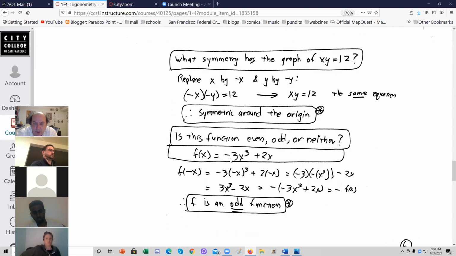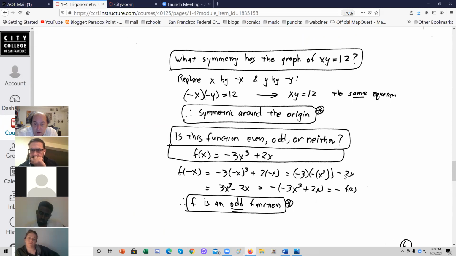Here we have a function, minus 3x cubed plus 2x. Is it even? Is it odd? Or is it neither? Okay, minus 3x cubed plus 2x. You write f of negative x, plug in a negative x here and here. The negative comes out of the cube because cubing is an odd function. So you get minus 3 times negative x cubed.